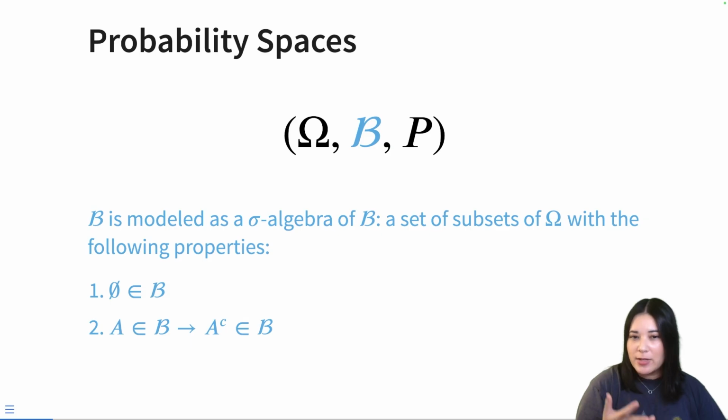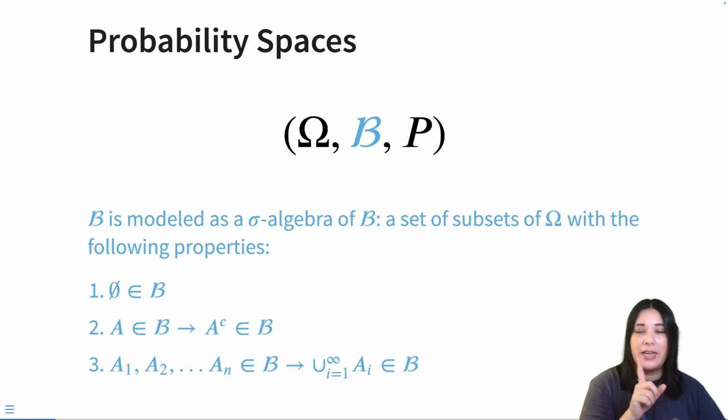Also, if you have a subset in your event space, then you also have to have its complement. So for instance, if we have even dice rolls in our event space, we also have to have the complement, or the opposite of that, which would be all the non-even, or in this case, odd dice rolls. We also have to make sure that if we have multiple sets in our event space, the union of those sets is also in the event space.